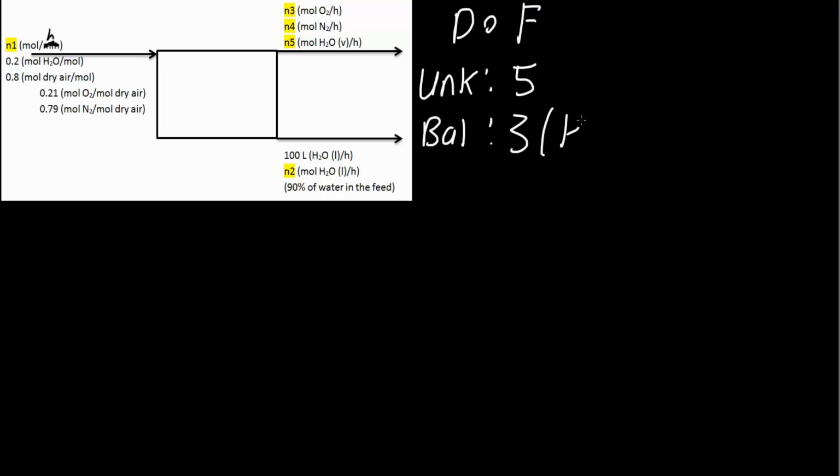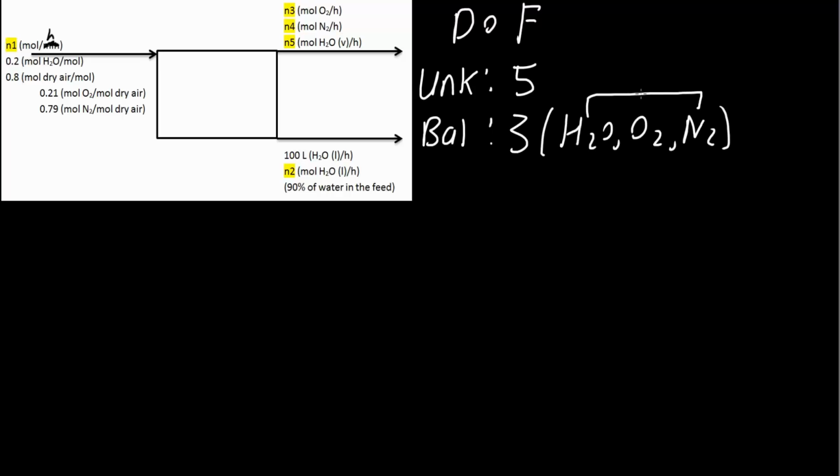Just a recap, H2O, oxygen, and nitrogen. We could, however, replace one of these and instead use a total balance, because if you combine all 3 of these, it is a total balance. But you can't say 4 balances, H2O, oxygen, nitrogen, and total, because when you have all 3, that is total.